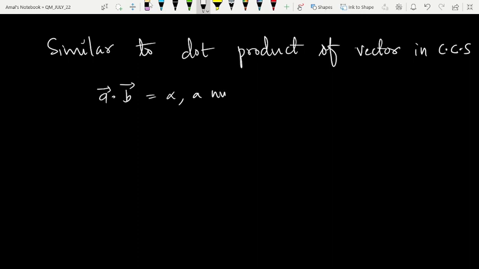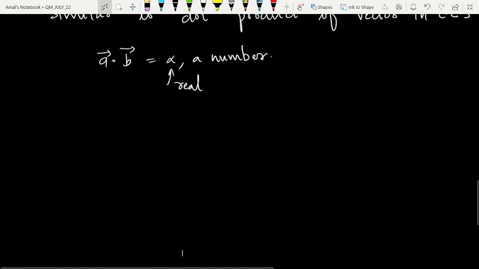It is similar to the dot product, but it is a general definition: in the case of the dot product of normal vectors in Cartesian coordinates the result is real, but in the case of inner product, it can be a complex number also. We will do some problems related to inner product, then it will become more clear.